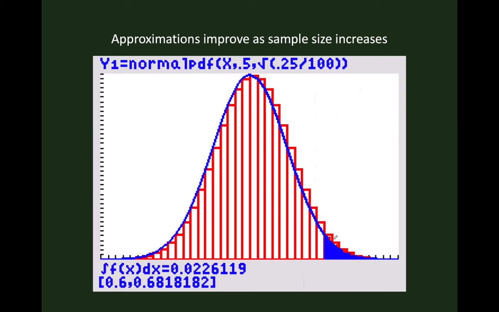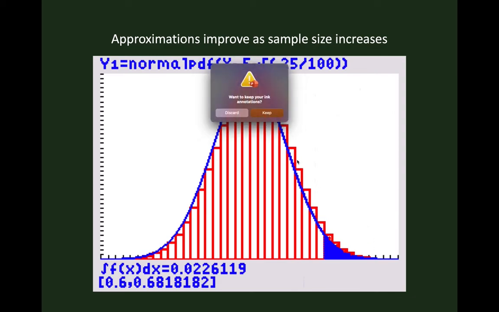So the actual p-value is bigger than the estimated p-value I'm going to get from the normal curve here. Let's see what happens. I'm going to go ahead and do the same calculation using the normal distribution now on the calculator.